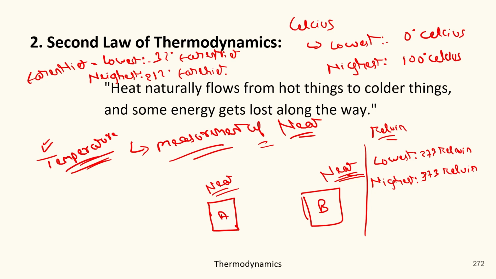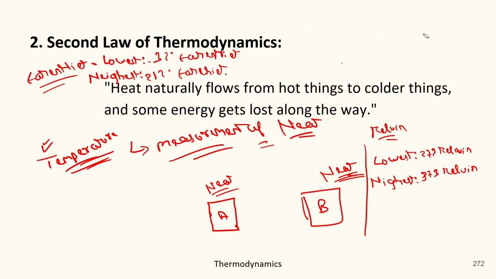So these are the highest and lowest points of these temperature scales. For Celsius, the lowest and highest are 0 degree Celsius and 100 degrees Celsius. For Fahrenheit, it is 32 degree Fahrenheit to 212 degree Fahrenheit. And for Kelvin, it is 273 Kelvin to 373 Kelvin. Got it? So now let's get back to our question.